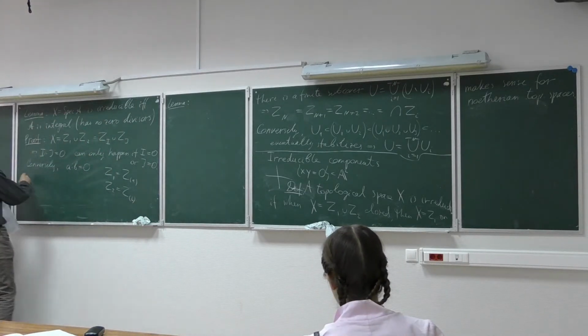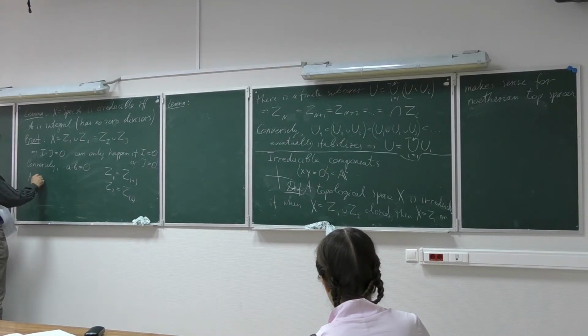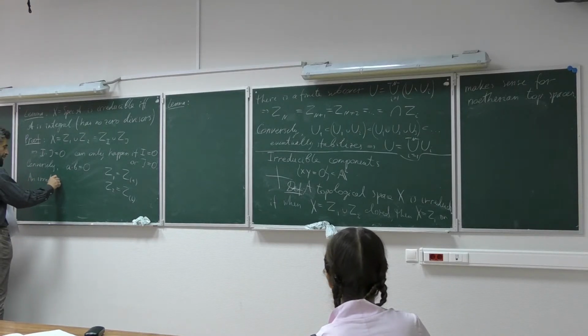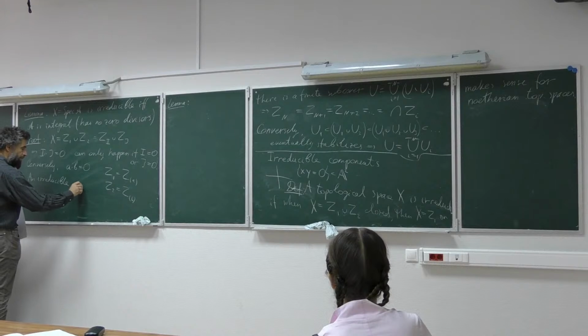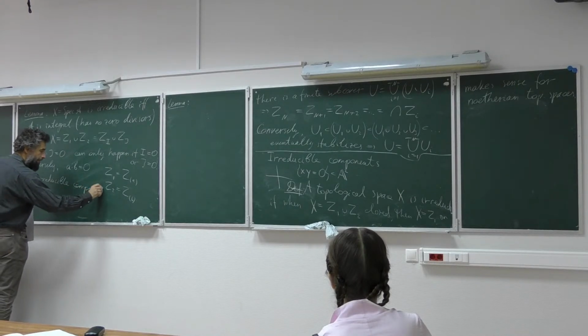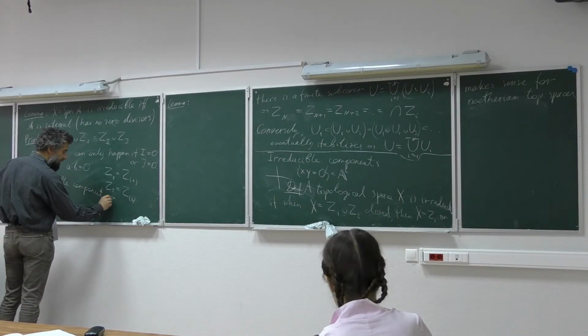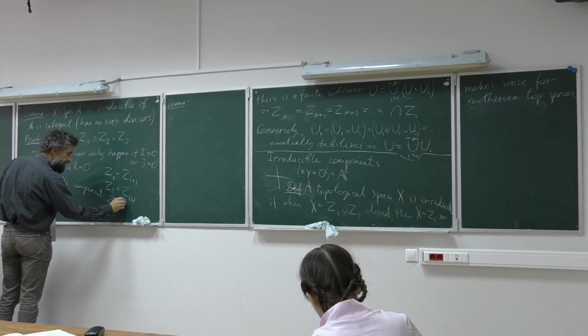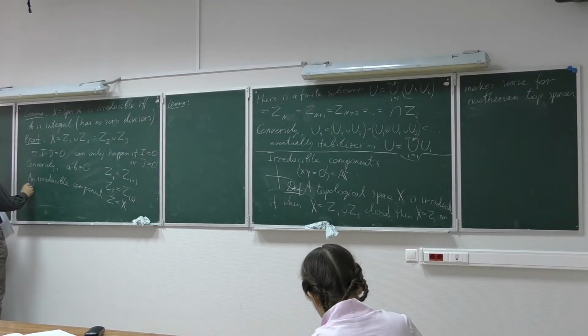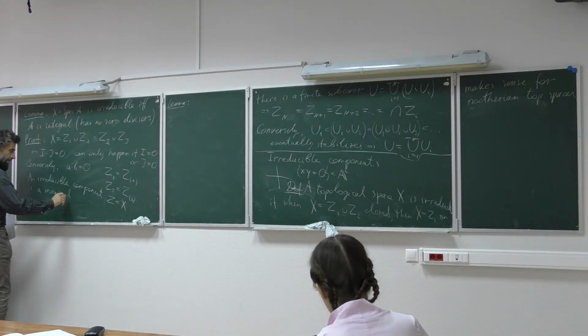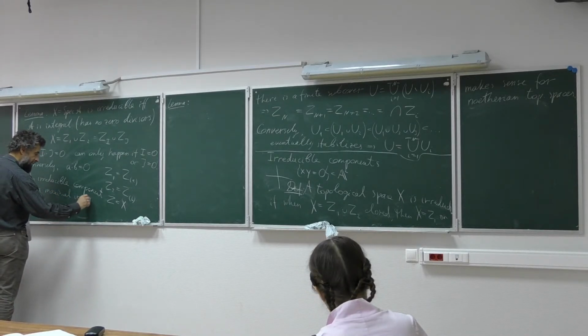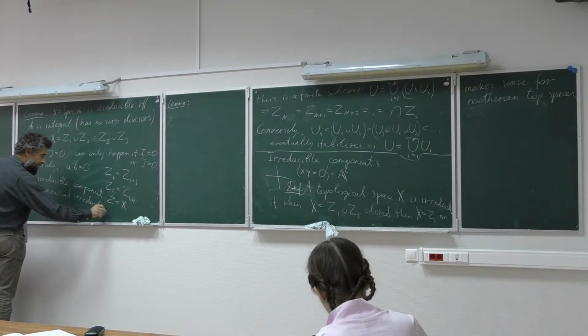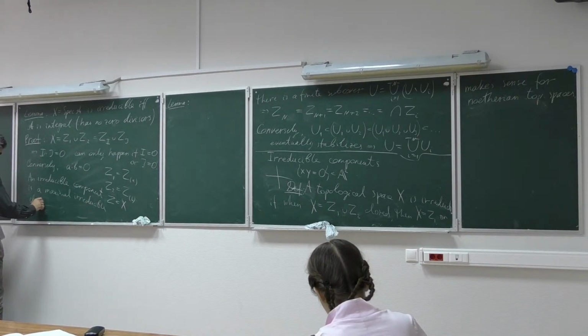So an irreducible component Z of X is a maximal irreducible closed subset.